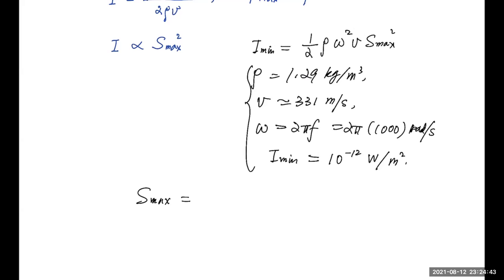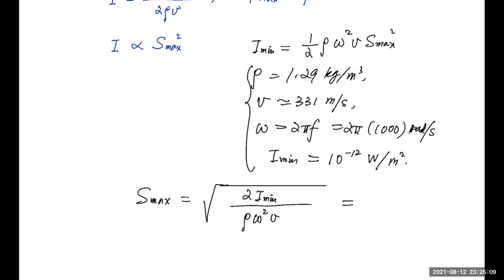Okay, so that is equal to 2 times I minimum divided by rho omega squared V, right? And do this calculation. In fact, the textbook does that for us. There is a sample problem in which they did this calculation.